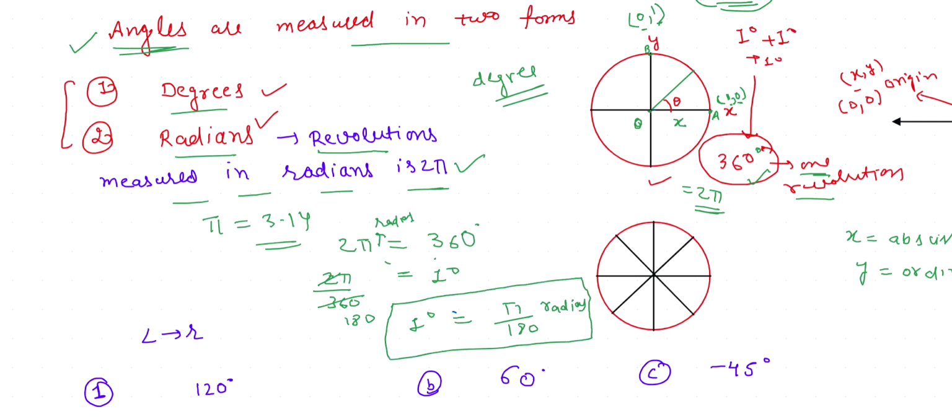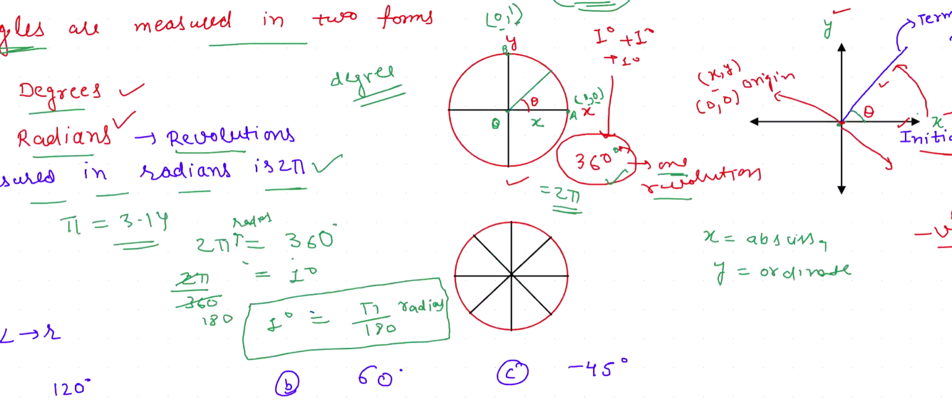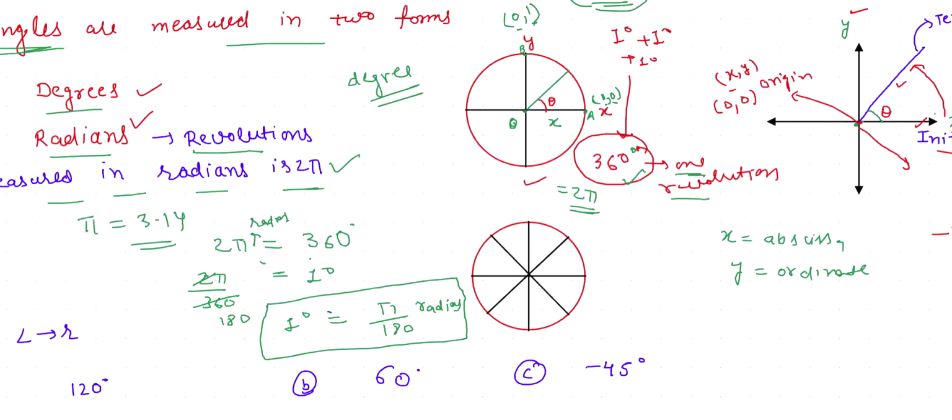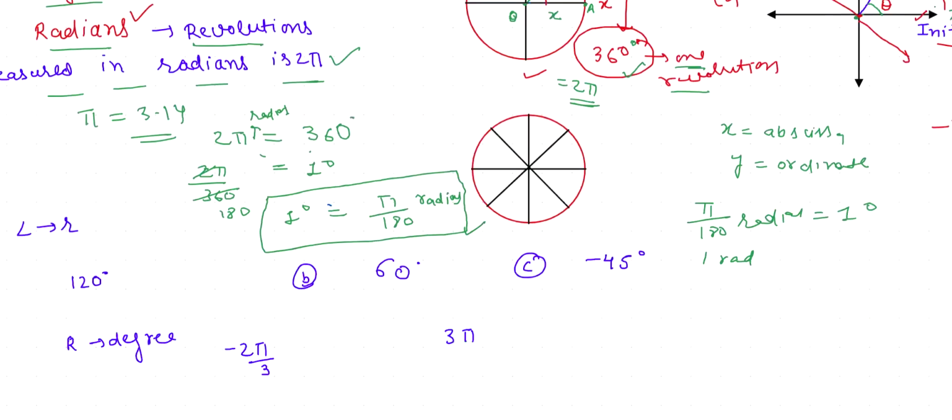You can also find how many radians are equal to a degree. You can also calculate for 1 radian from here. 1 degree is equal to pi by 180 radians. Then 1 radian will equal 180 by pi degrees.